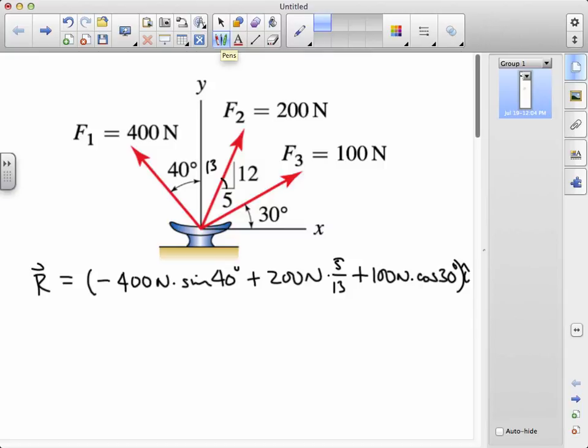In the j direction, we have 400 newtons cosine of 40 degrees for F1. We have 200 newtons times the sine of the angle of inclination with the x-axis, which we said was 12 over 13.